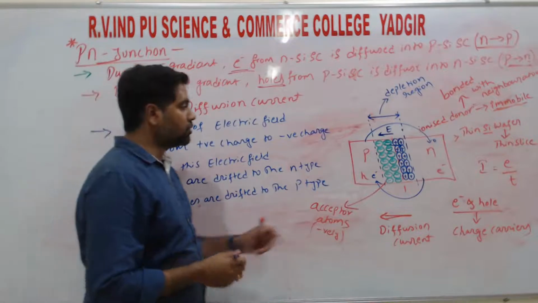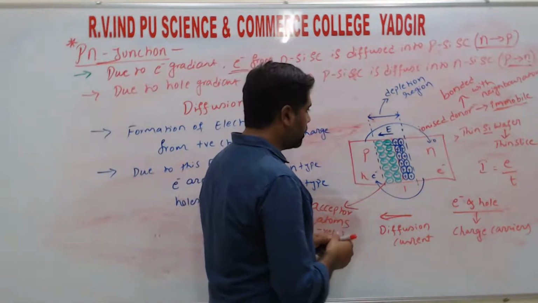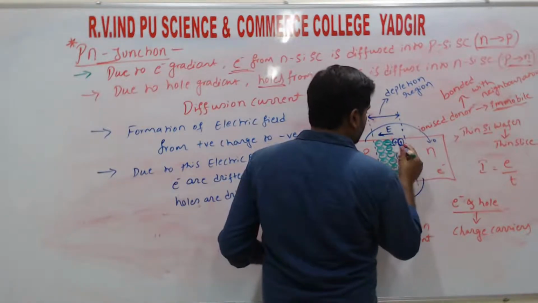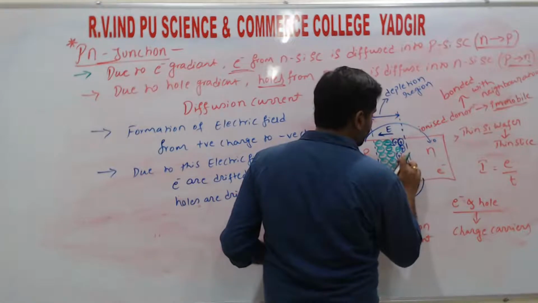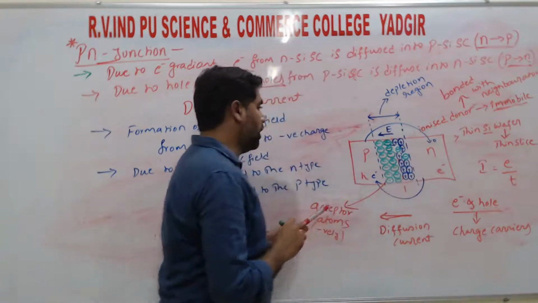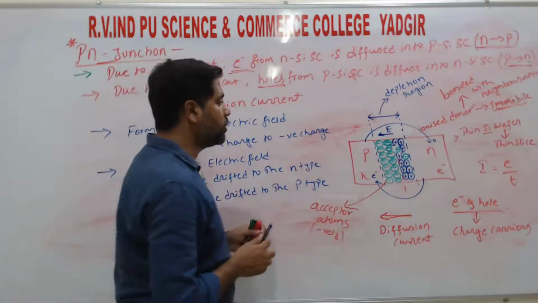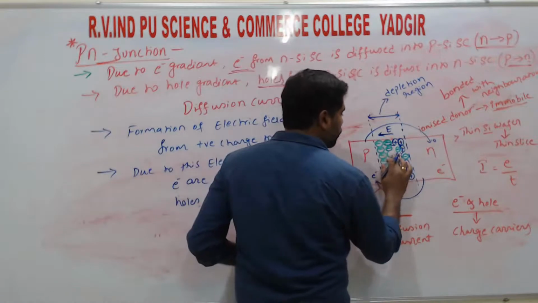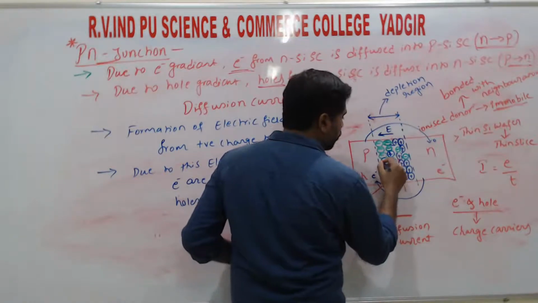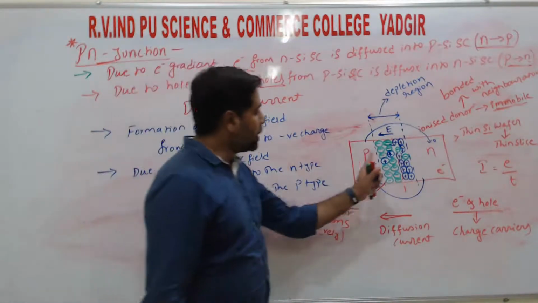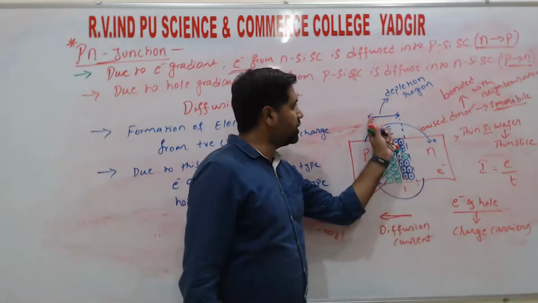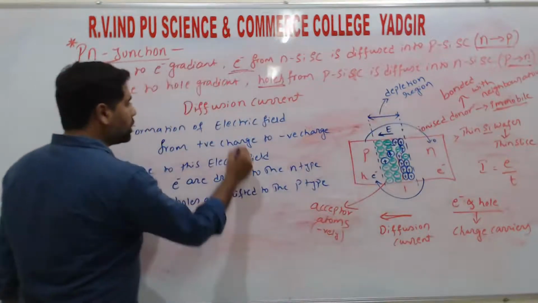That means the electrons present in the P type will move into the N type region like this. Similarly, the positive charges present in the N type will drift into the P type. So here also there is a motion of charge carriers within the depletion region due to the electric field.